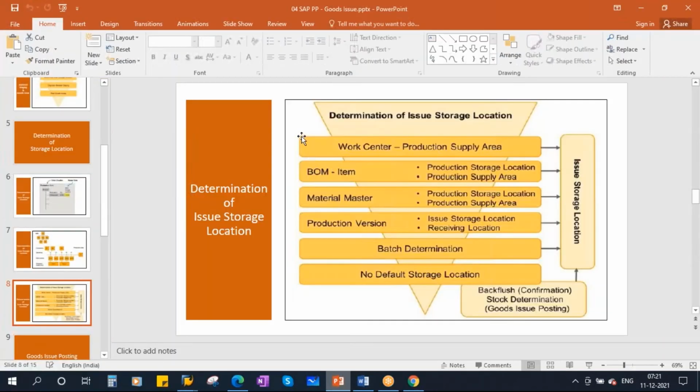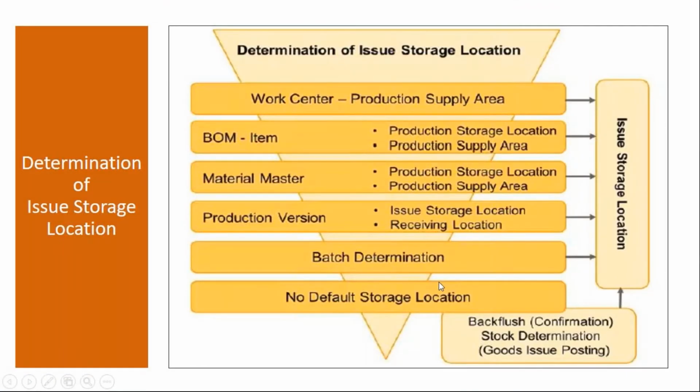So the system will search for the storage location at these places in sequence: first here, second place, third place, fourth, fifth. If it finds any of these places, that storage location will get copied to the order. In our case, we maintained it in the material master. So as we maintained it here, it got copied and is proposed in the production order.